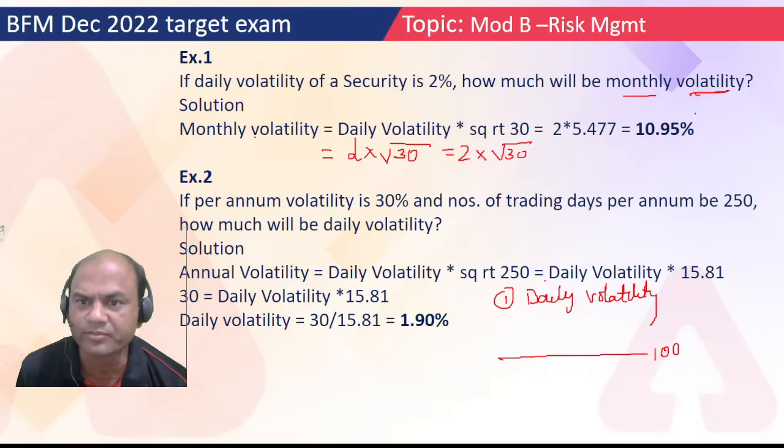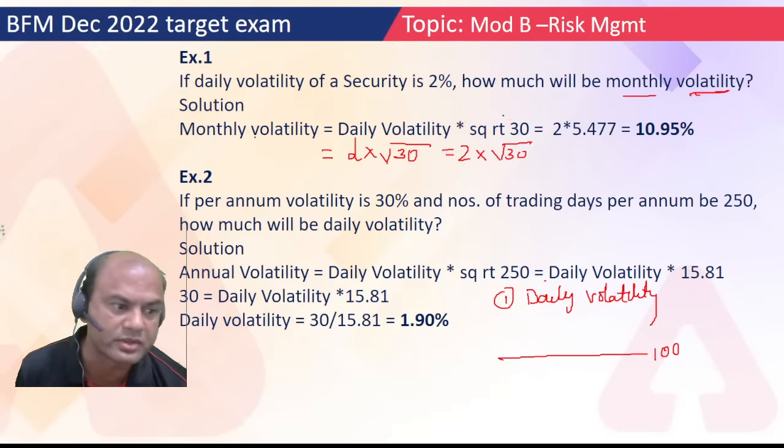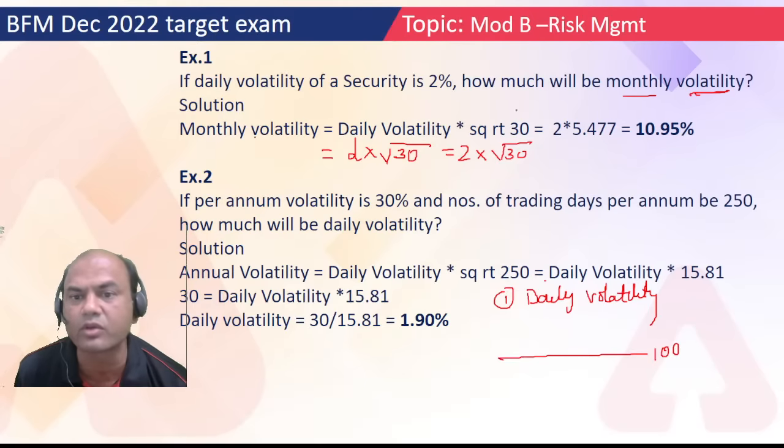This can be months. Now again one important question: should I take 30 days or 25 days? If the number of days is not given in the exam, take 30 days.